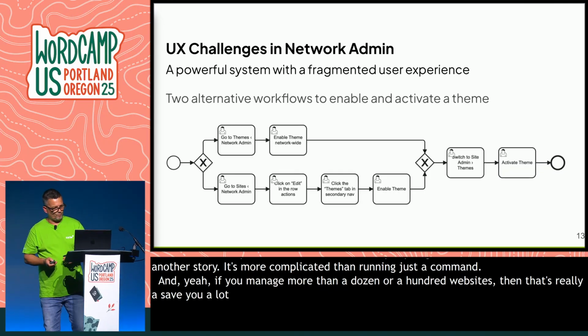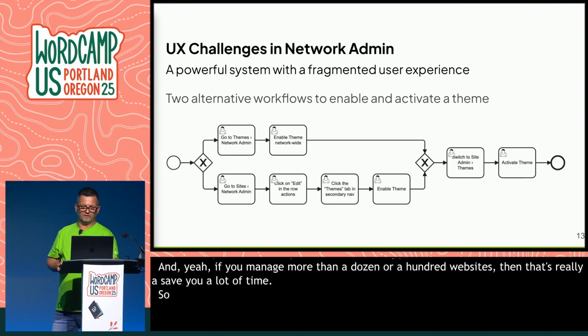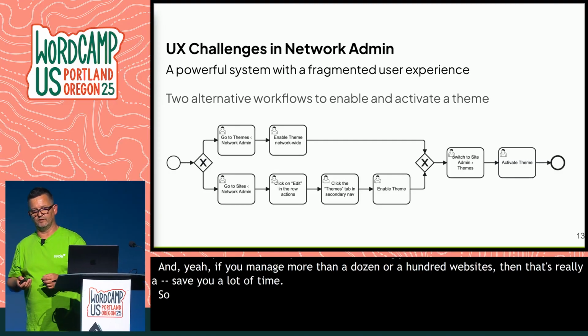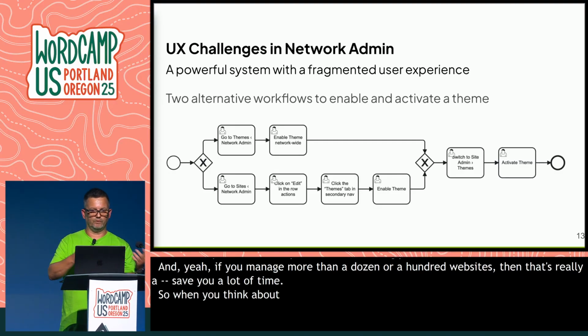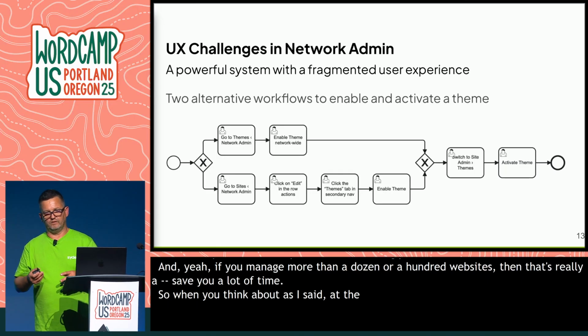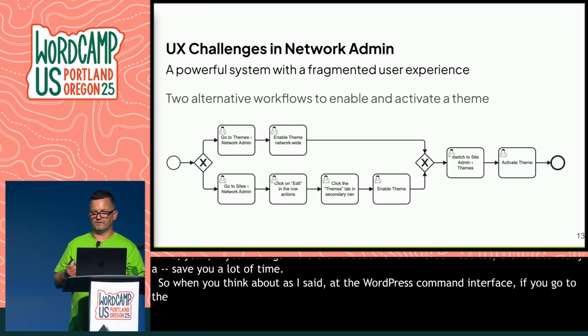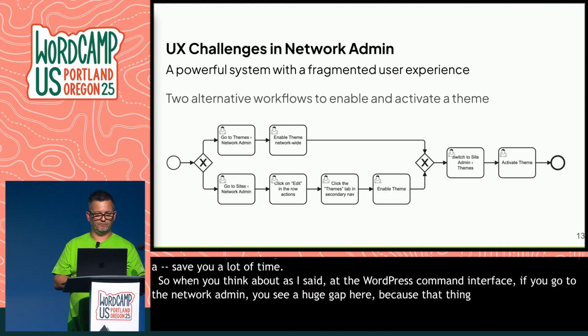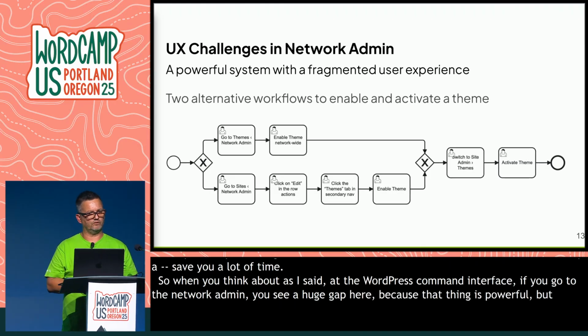So when you think about it, because I said that with the WordPress command line interface, if you go to the network admin, you see a huge gap here because that thing is powerful, but it feels really fragmented and inconsistent.